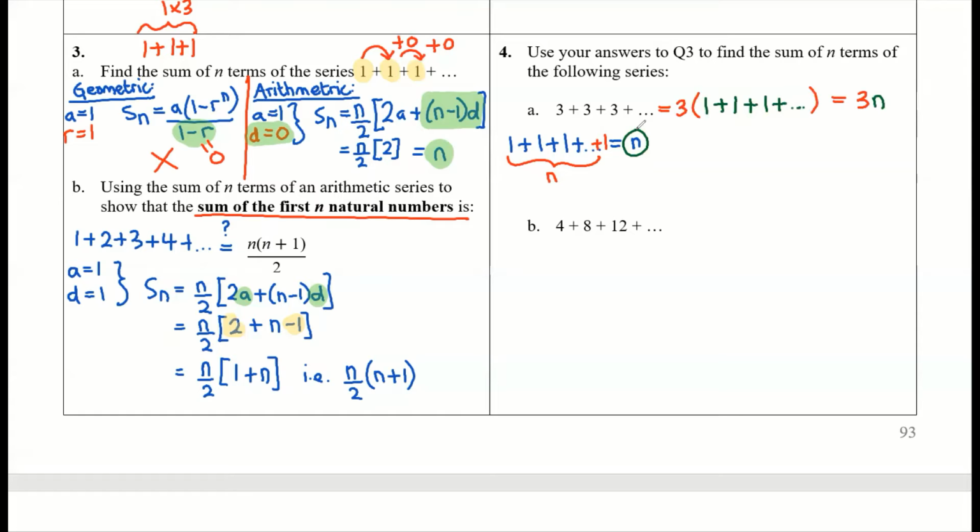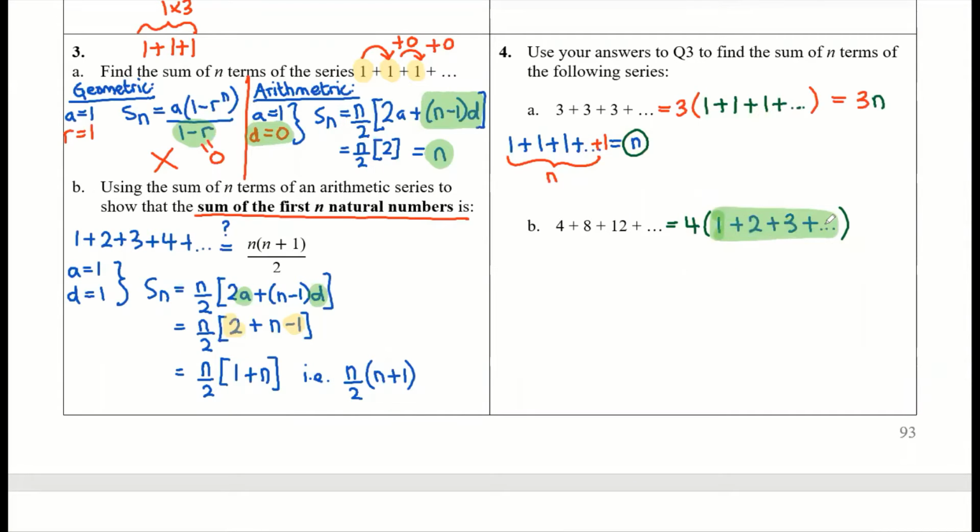And finally, we've got what looks like the 4 times table. Now, if it's the 4 times table, what we can do is we can factor out 4. And if we do that, we'll be left with 1 plus 2 plus 3 and so on inside the bracket. Now, these look like the natural numbers, don't they? In fact, they are the natural numbers. And we have a result for this.